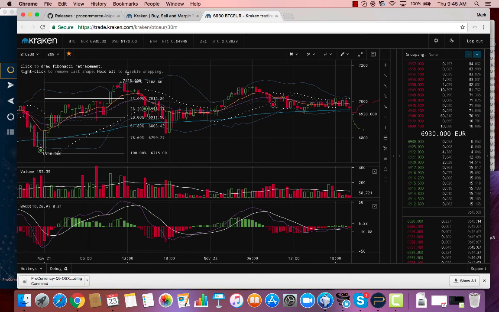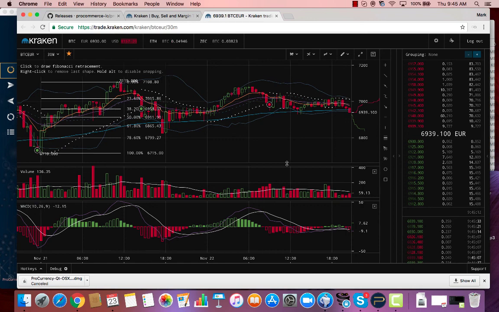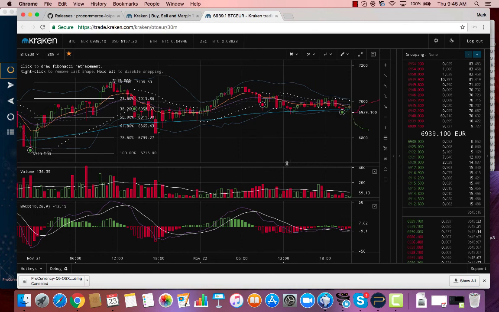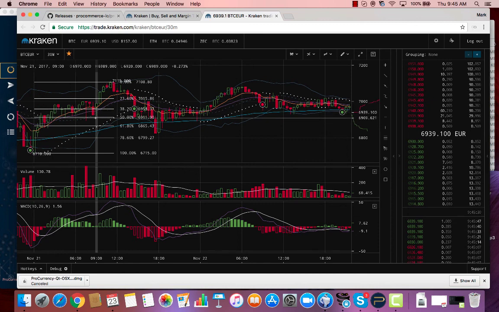So I set a buy order right here, let me get my crosshairs again. That was at the 50% retracement level.